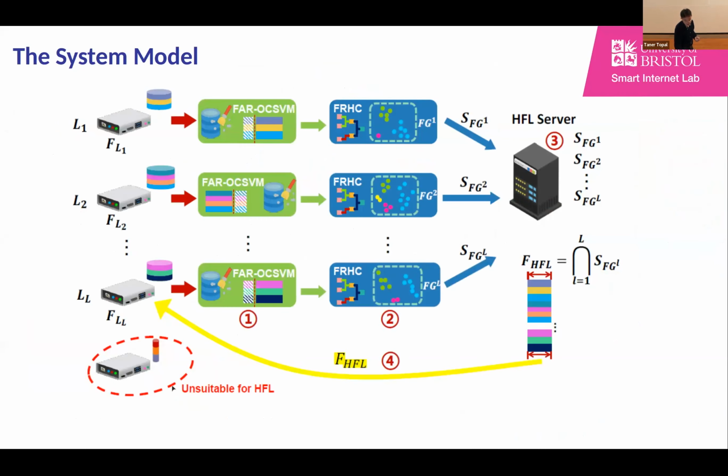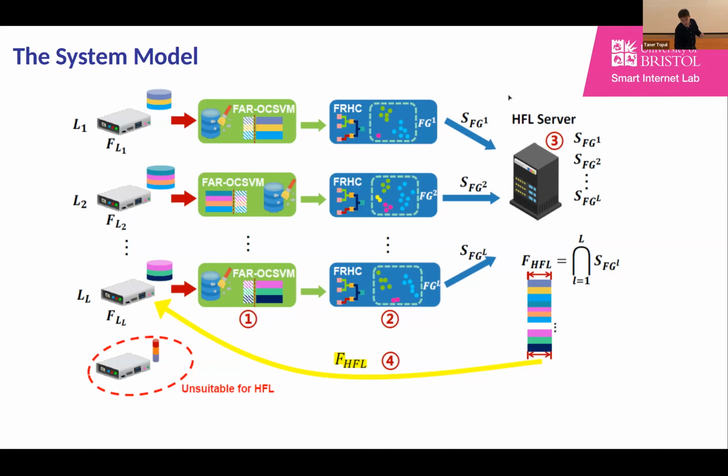So here's the system model. There are different IoT devices, and for their data sets, first we use the one-class SVM to divide them and clean the outlier features. And then we use feature relevance hierarchical clustering to find what kind of features can be grouped together as the representative feature set.